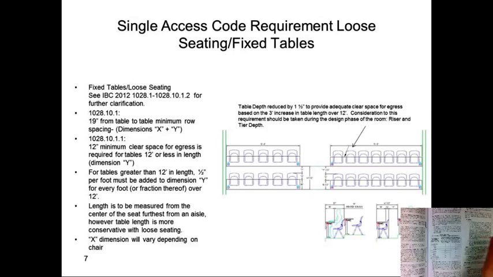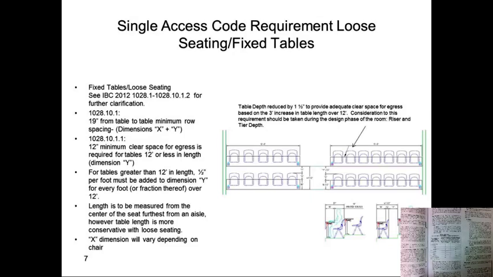If there's single aisle code requirements for seating, of course, or fixed tables, that means we have no access way here at the end. Okay, that's of course seeing the table, and there's another table here. We've got to add the room, if you'll notice here, for somebody to be able to get out.